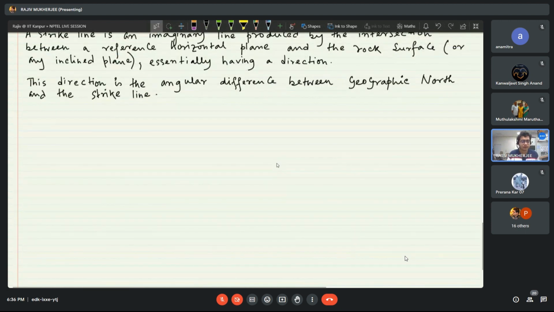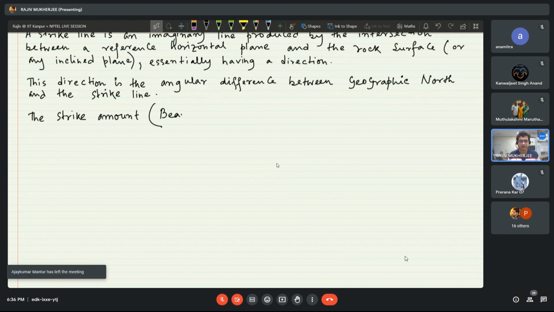So the strike amount, which is also known as azimuth or bearing, right? We can also say bearing.